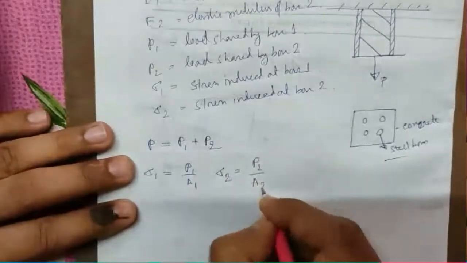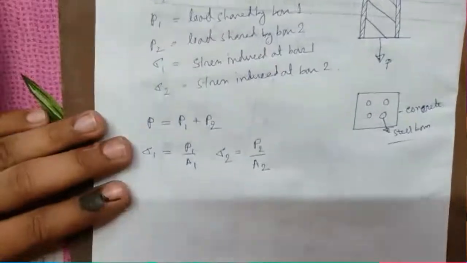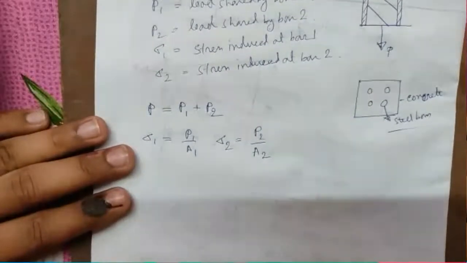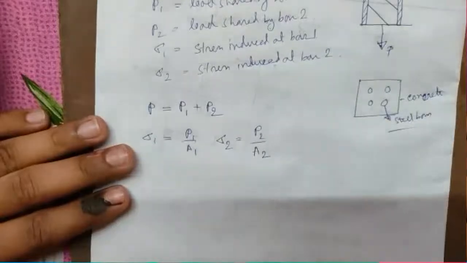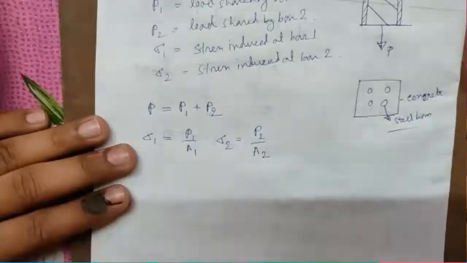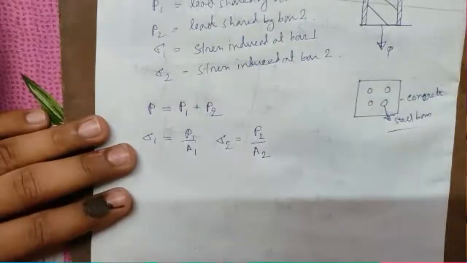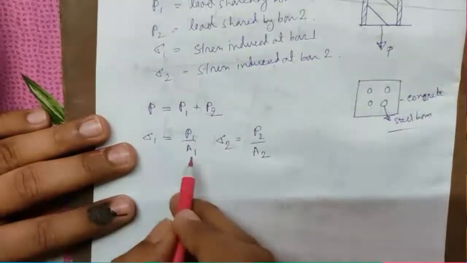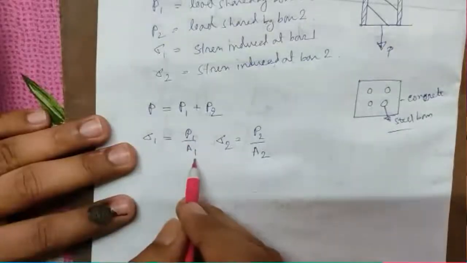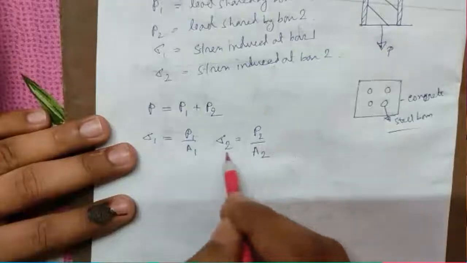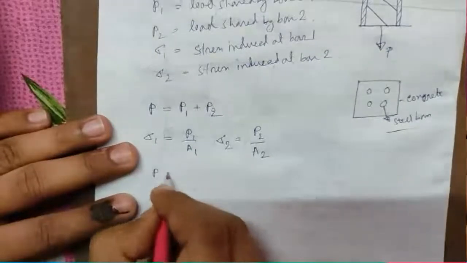Then from here we can write that P1 is equal to sigma 1 A1, and P2 is equal to sigma 2 A2. So we put it in this equation and we get P equal to sigma 1 A1 plus sigma 2 A2.